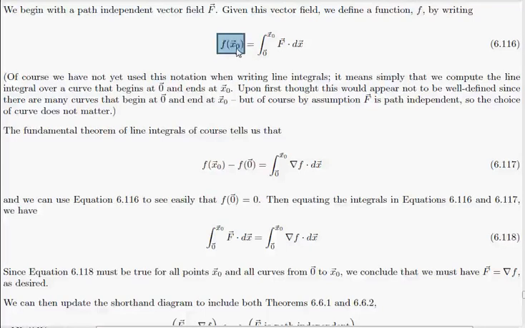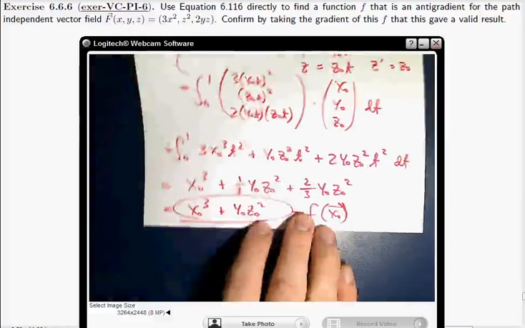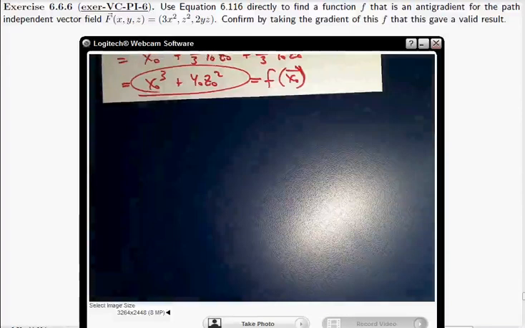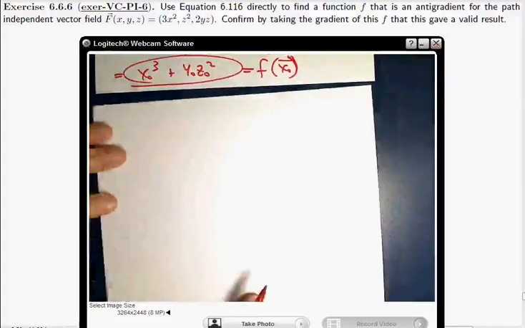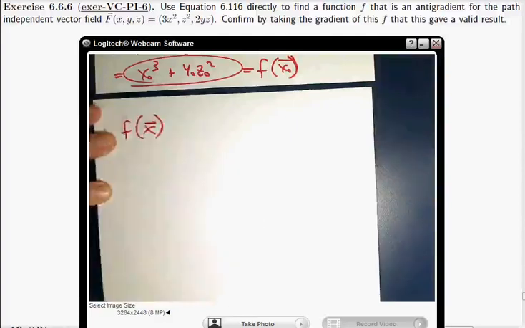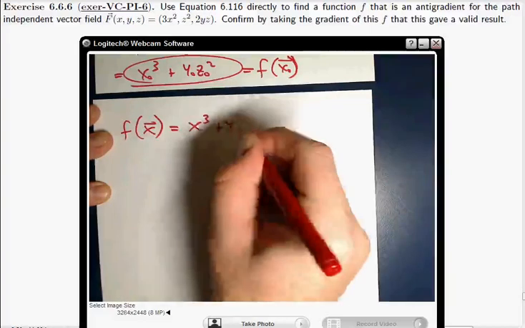So let's do that. I'm going to rewrite this function as f of x equals x cubed plus yz squared.